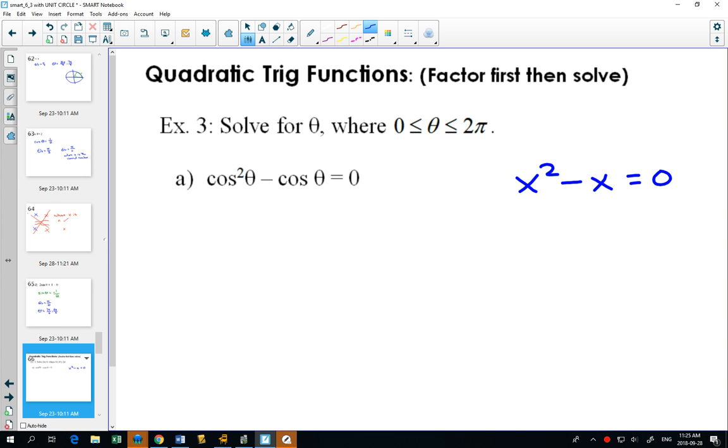You had to make one side equal to 0, and then you factor, right? Complete the square. So how do you factor something like that with the x's? You take out a common factor of x, and then you would know x could be 0 and x could be 1.